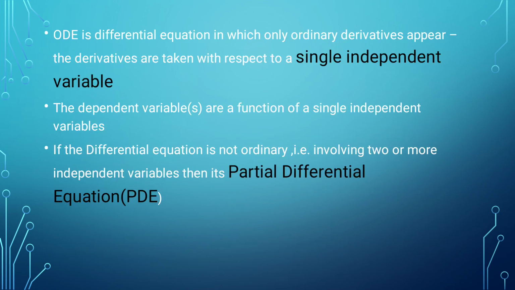We have said an ODE is a differential equation in which derivatives are taken with respect to a single independent variable, and a PDE, partial differential equation, is a differential equation in which derivatives are taken with respect to two or more independent variables.